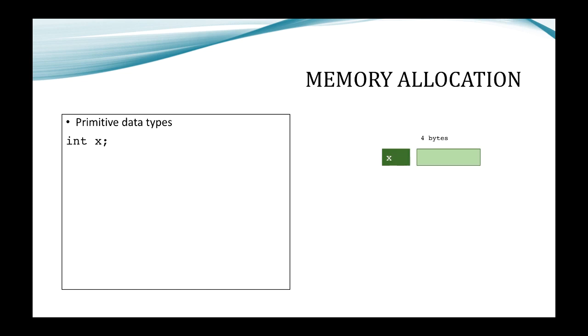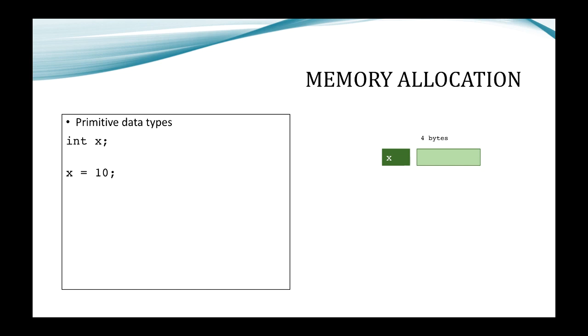When you say integer x in Java, your program is essentially requesting the operating system to allocate memory for the integer variable x. Now, as we've seen in the previous slide, the size of an integer is 4 bytes, or 32 bits. So your operating system is going to provide your program with 4 bytes of memory.